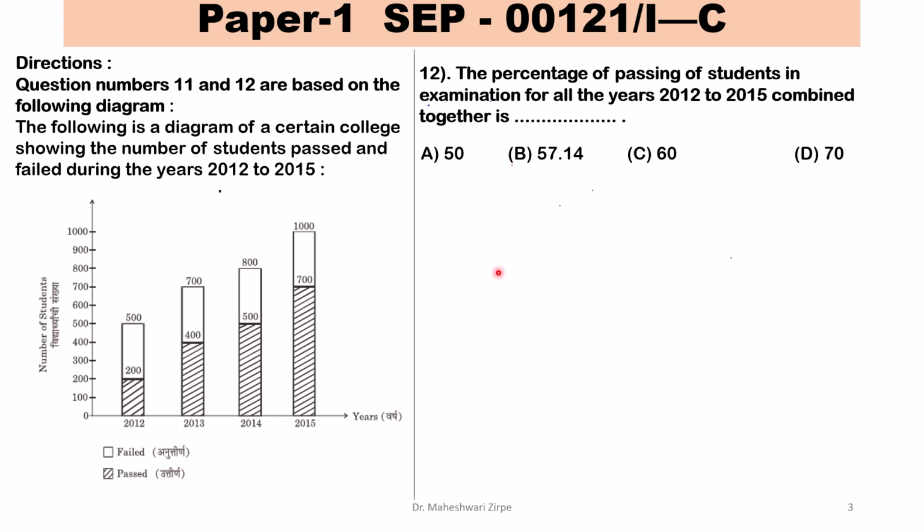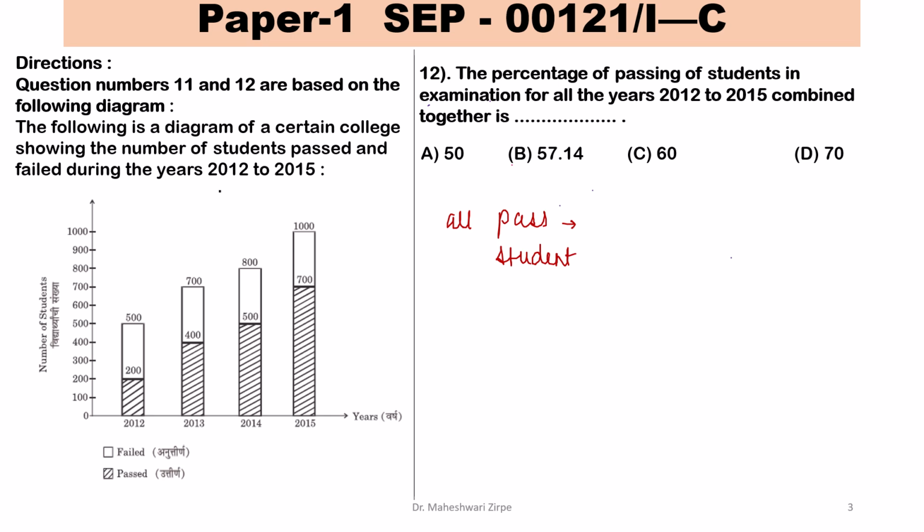Already in the previous question number 11 we have solved it. Or other way around, you can just write all the percentage passing numbers. There is another way you can do it, that is we can write all pass students first. So instead of writing in hundreds, we can just write it as ratio.